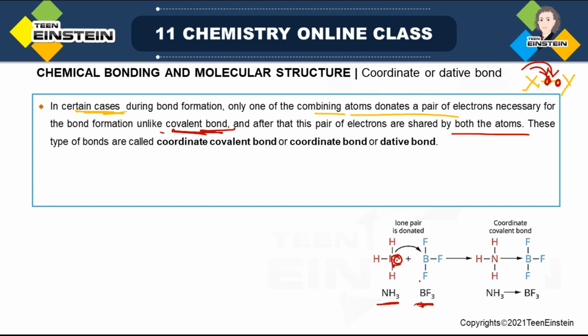Remember when we discussed the octet rule, we saw some exceptions, and BF3 is one of the important examples, because in BF3, boron is the central atom, but surrounding boron there are total 3 valence electrons. Boron uses all these 3 electrons for 3 bond formations. So surrounding boron, the total number of electrons is 6, which is lesser than 8. So its octet is not complete. This molecule is electron deficient. So that is the reason.